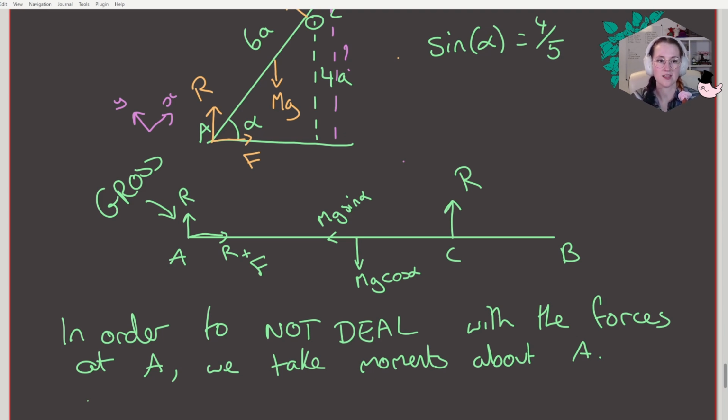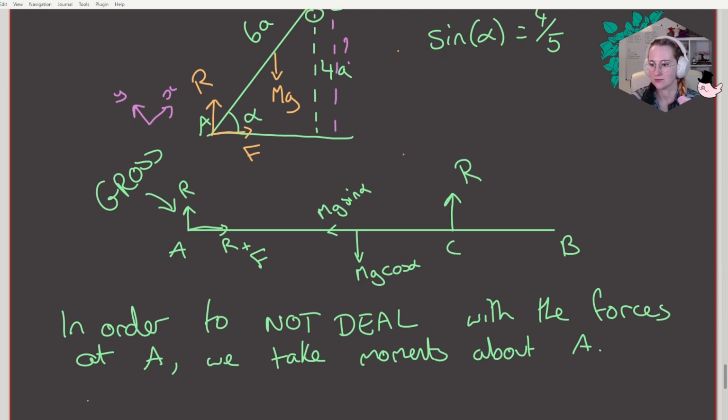This is the sneaky thing: if there's a lot of forces happening at one specific point that we don't want to deal with, or if there's something about those forces we don't know, if we take moments about it, because we multiply by that distance, the distance is 0 from the point to itself. So we just get rid of it. We just ignore it. And it's all nice and shiny and much better.